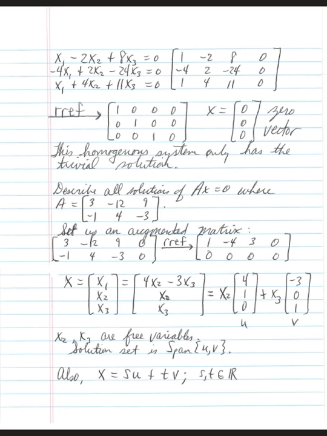But anyway, whatever these two vectors span into, which would be a plane that goes through the origin, if you wrote that in parametric form, that's how you would write that. Some s and t, u and v are your vectors. The span of those two vectors contains your solution set to this homogeneous equation.